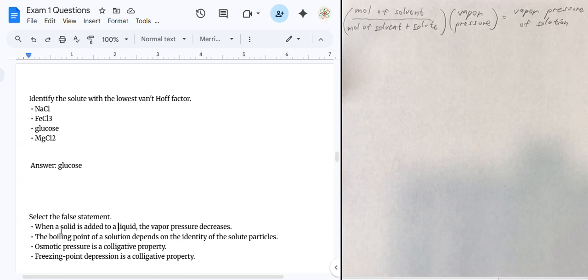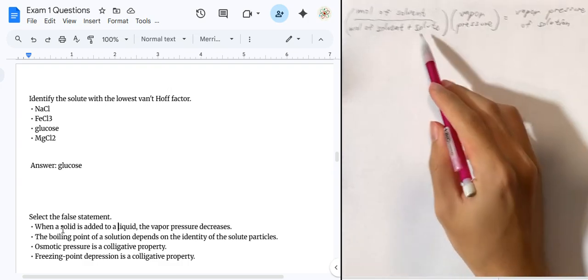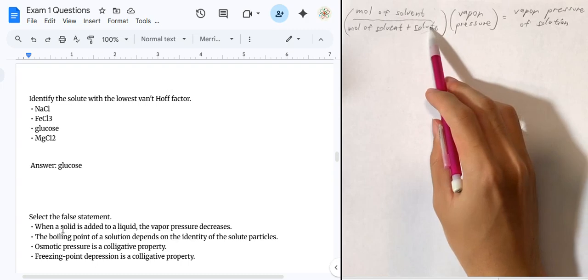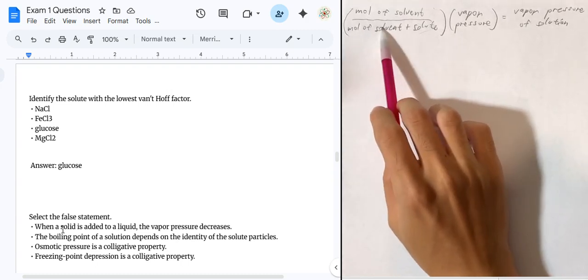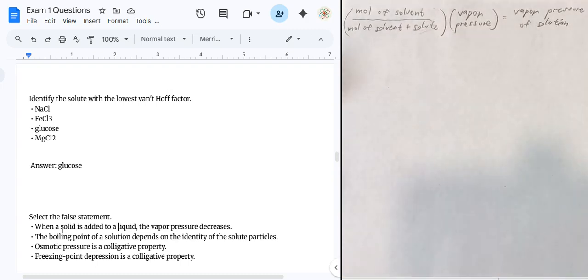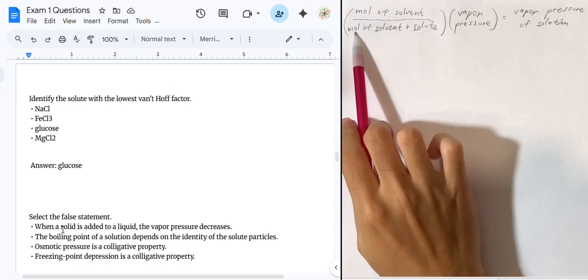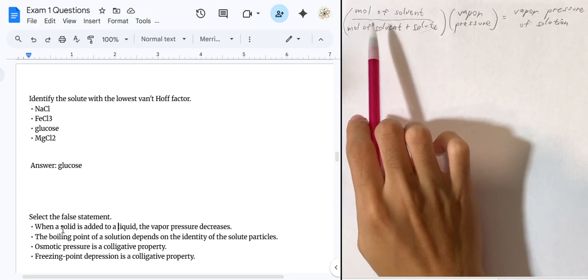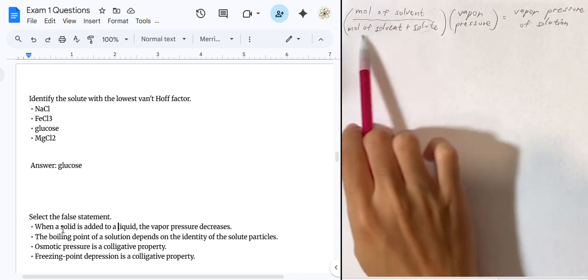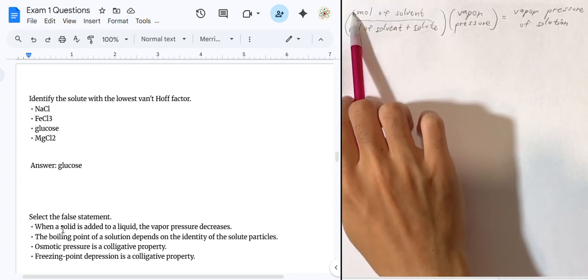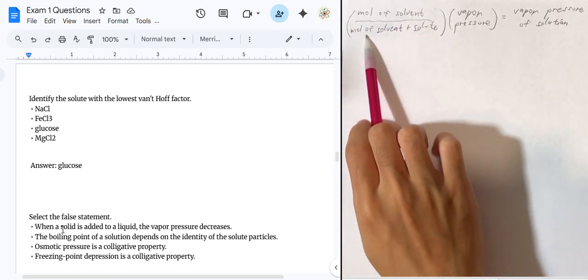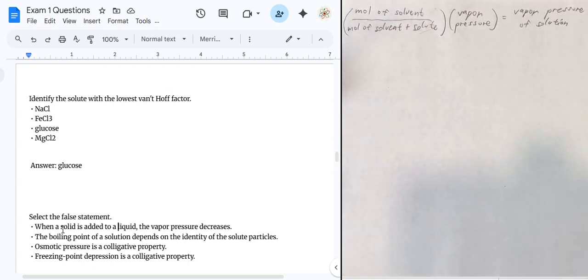When the solute is added to a liquid, if this increases, then this whole thing at the bottom increases, so this whole thing would increase.